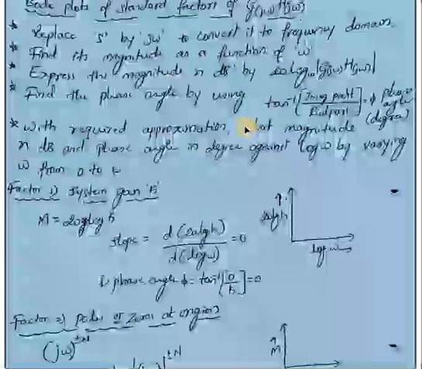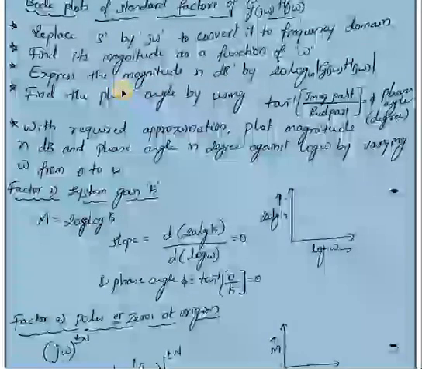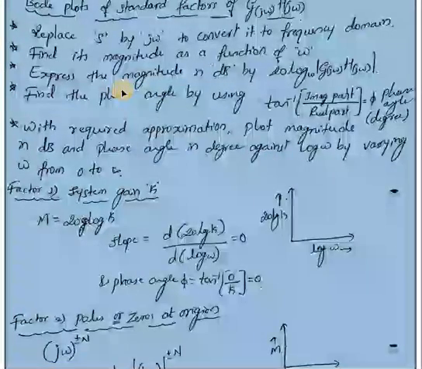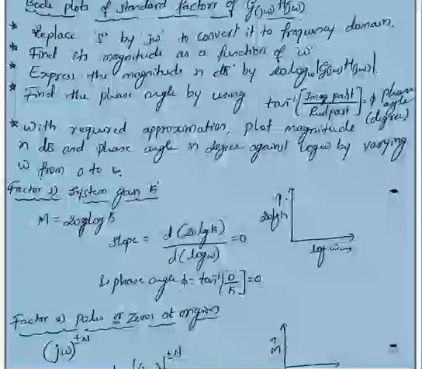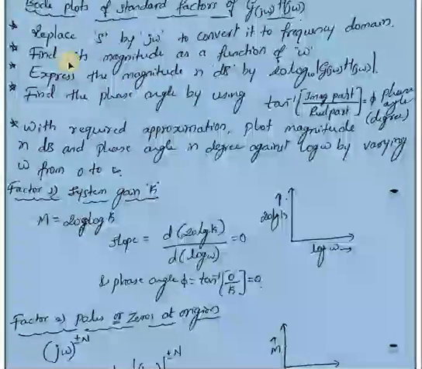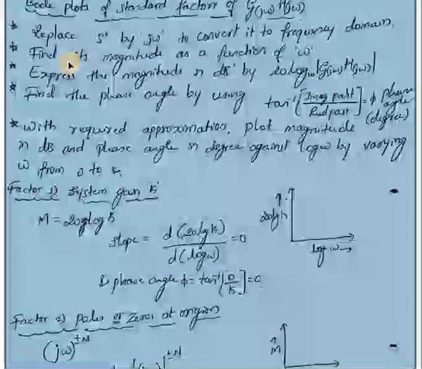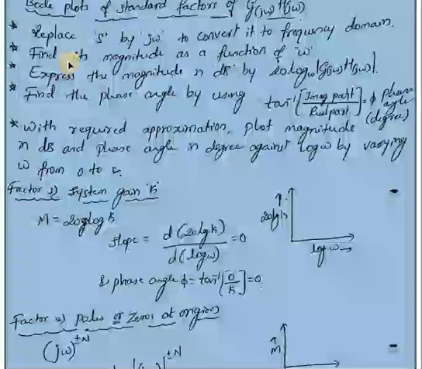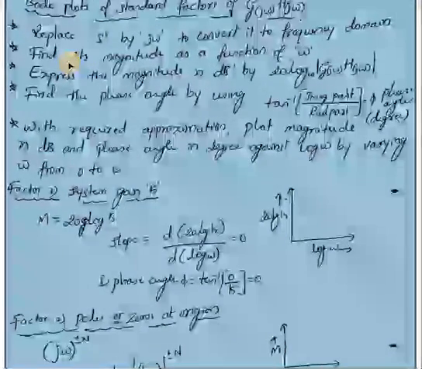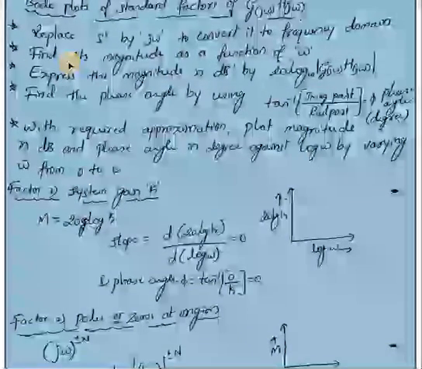So here the main aim of this Bode plot is to represent the wide range of variations in the magnitude on a single paper. So now in a given transfer function we have many terms. So for each factor, the procedure to obtain the Bode plot can be divided into the following steps.